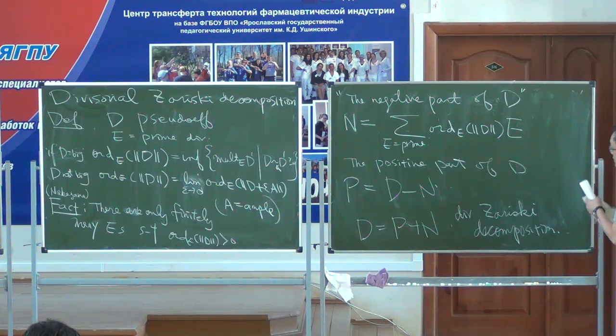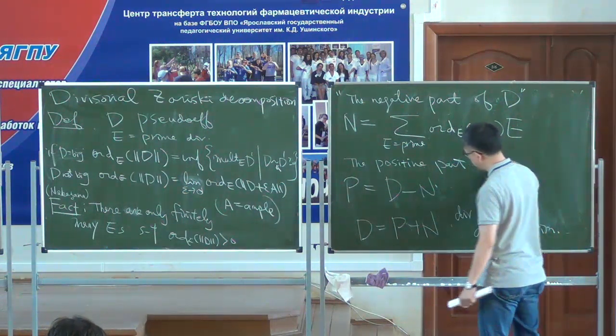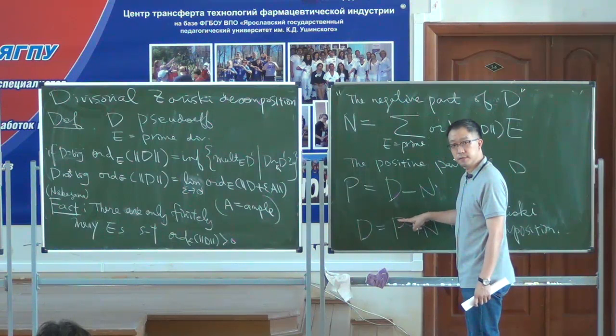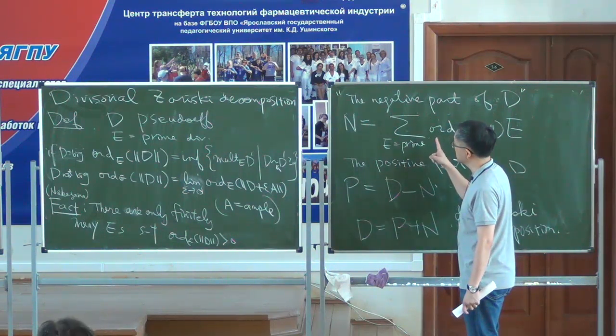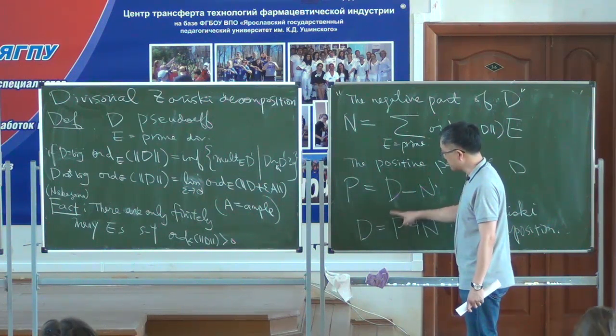Okay. So in dimension 2 case, if X is a surface, then this P will be nef. But in general, in higher dimensions, P is only movable.